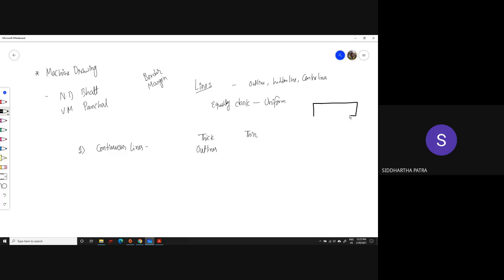Anyways, so thick lines are for drawing the solid boundaries, thick continuous lines.